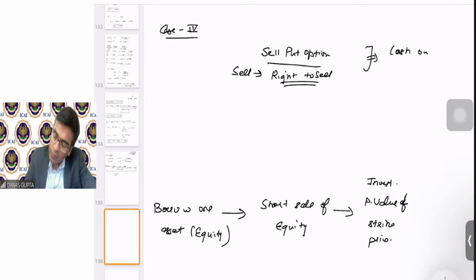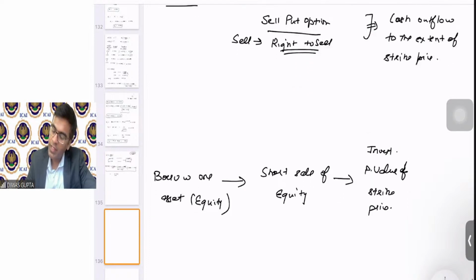Cash outflow to the extent of the strike price will be there, correct? Because for him to sell, I have to purchase. Since I have to purchase, I have to pay him the strike price equivalent money. So that cash outflow will happen. For securing that cash outflow, I will invest the present value of the strike price today.